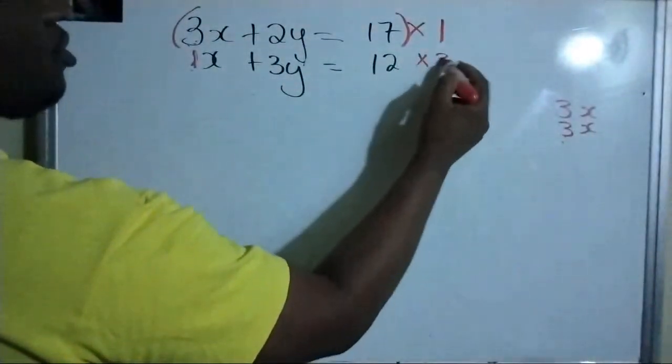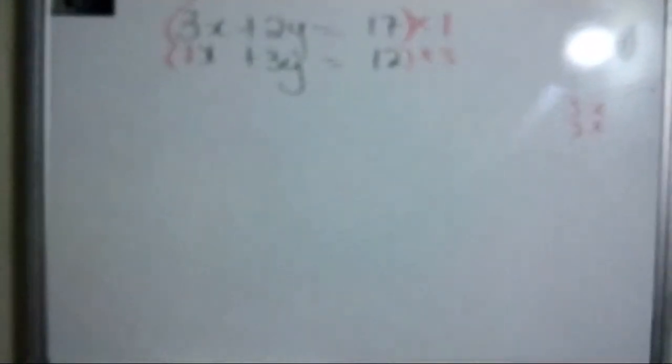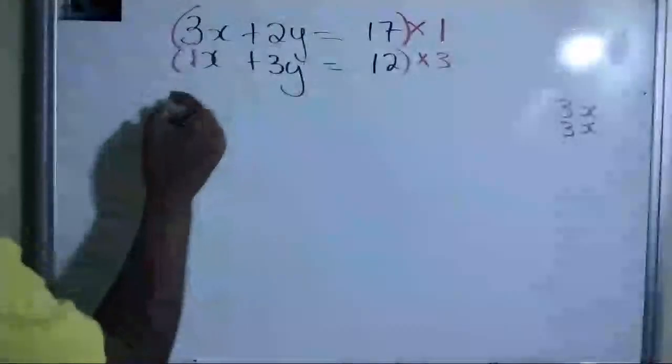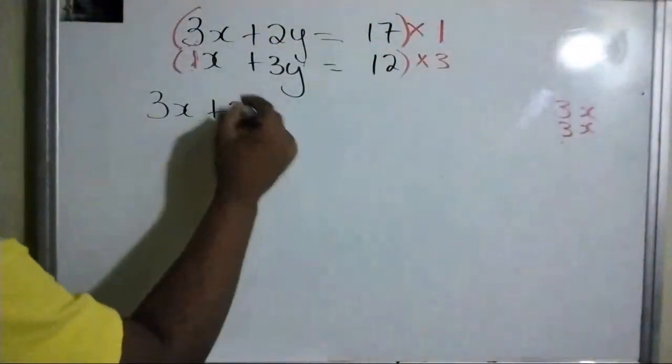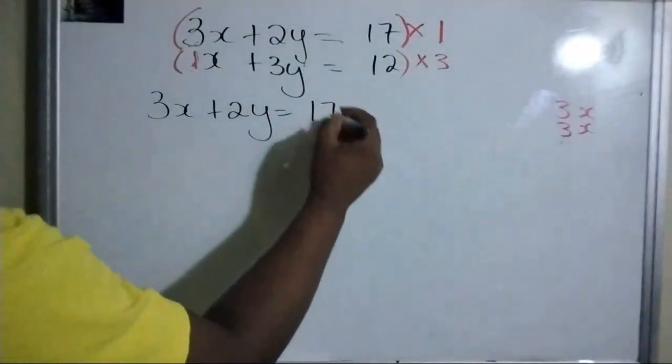Only 3 can multiply by 1 to give us 3. And now that the coefficients are the same, bam. Somebody said I'm getting a decimal. That is fine also. So 1 times that would give us 3x, 1 times 2 would give us 2y, and 1 times 17 would give us 17.